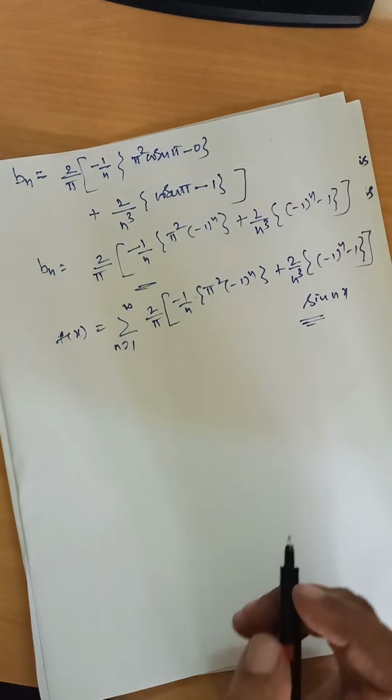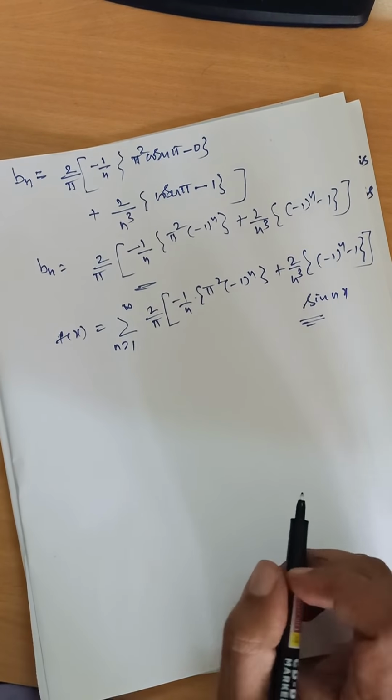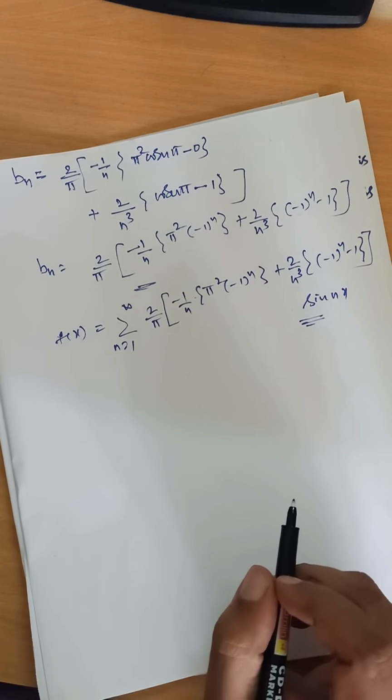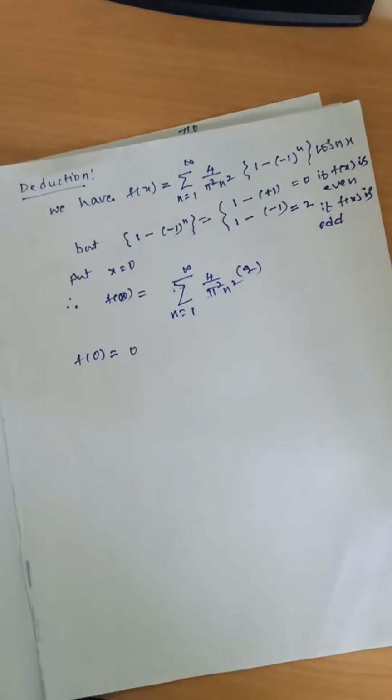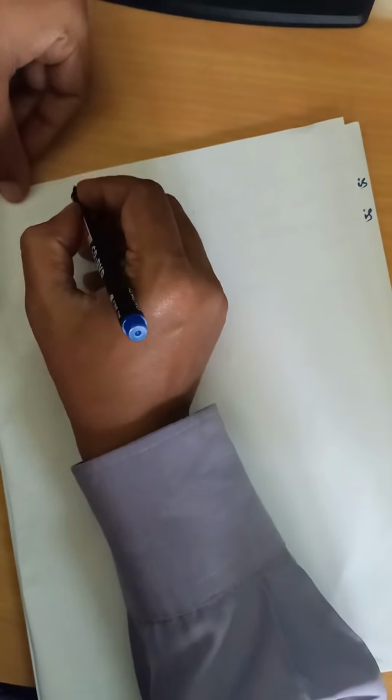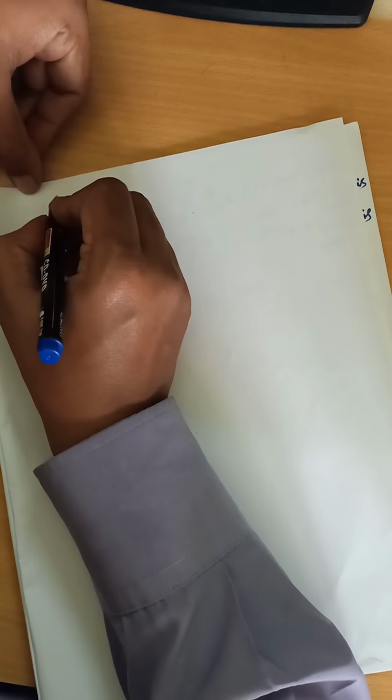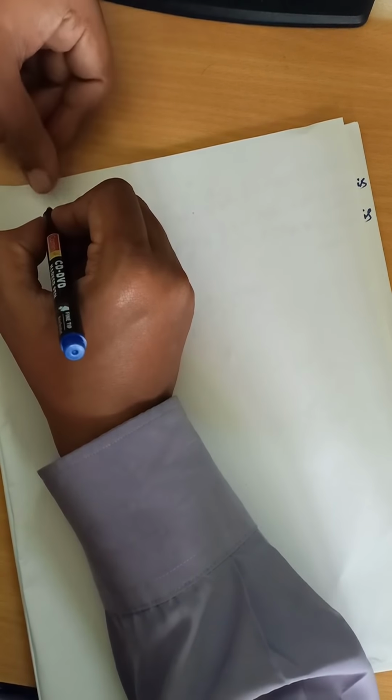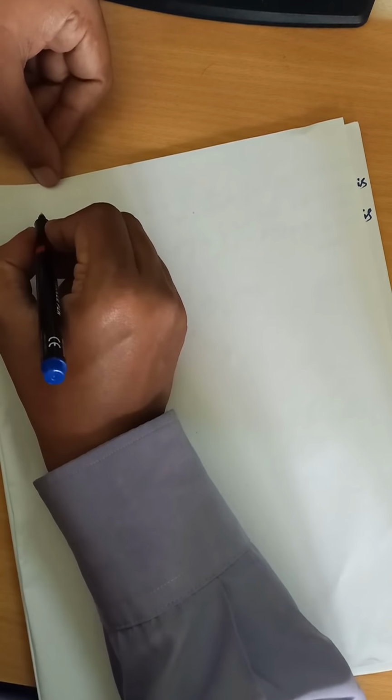You just recall the even and odd nature of the given function f of x in minus pi comma plus pi, and 0 comma 2 pi. I will give the chart.